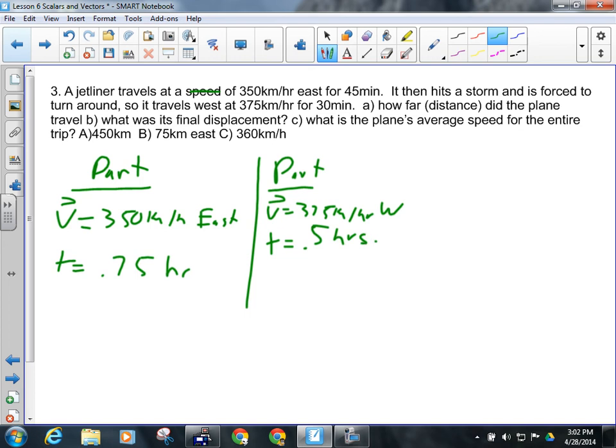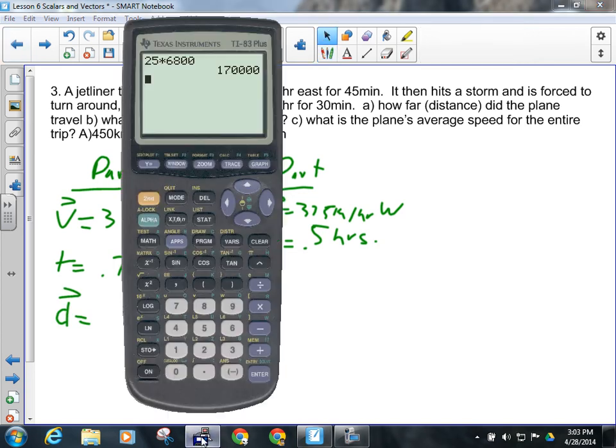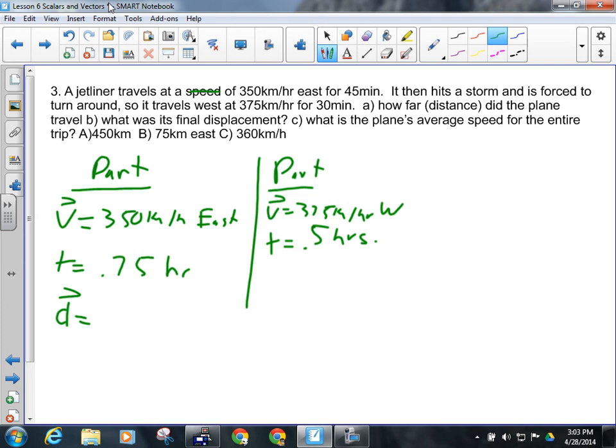How far did the plane go? Well, I have to find the displacement for each part. For the first part, that's going to be 350 times 0.75, which gives us 262.5 kilometers east.